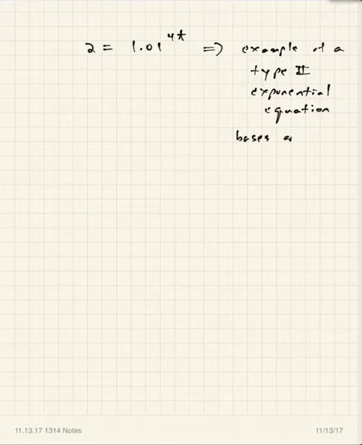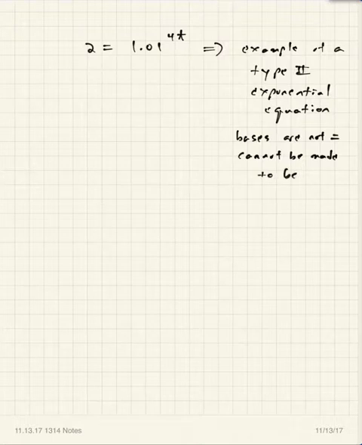Bases are not equal and cannot be made to be equal. And so this is a type of problem where we must use properties of logarithms. So use properties of logs to solve this equation.